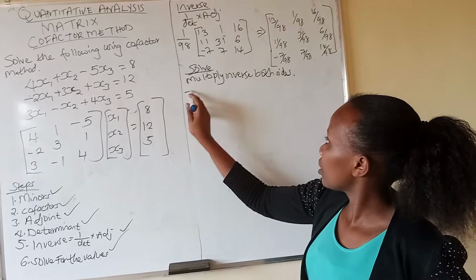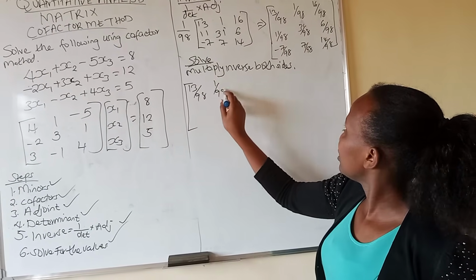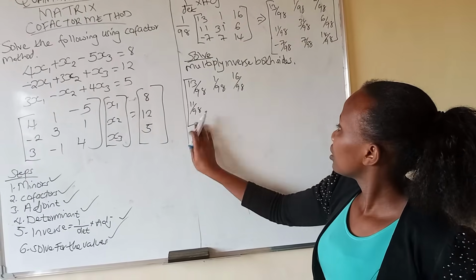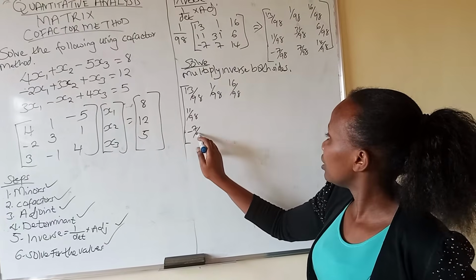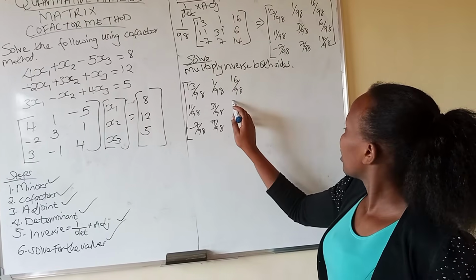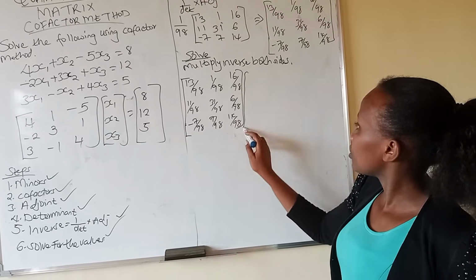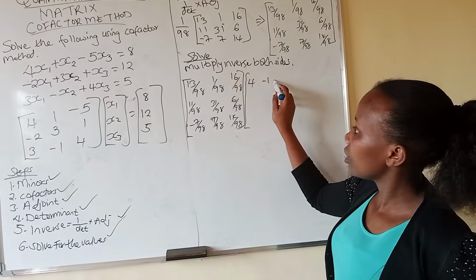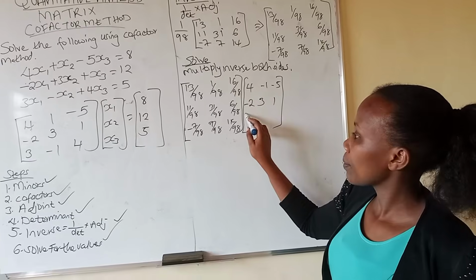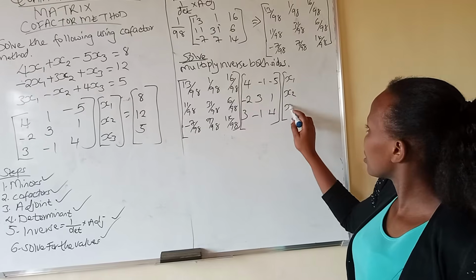So you are going to write the inverse, which is 13 over 98, 1 over 98, 16 over 98, 11 over 98, negative 7 over 98, 31 over 98, 7 over 98, 6 over 98, 14 over 98. You multiply it with 4, negative 1, negative 5, negative 2, 3, 1, 3, negative 1, 4, x1, x2, x3.